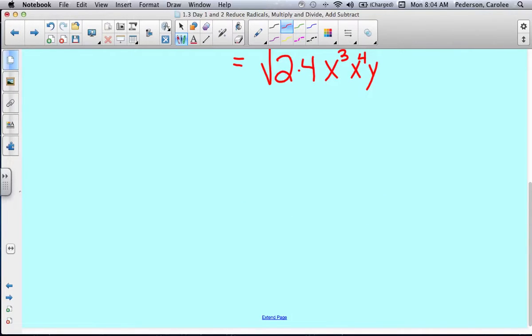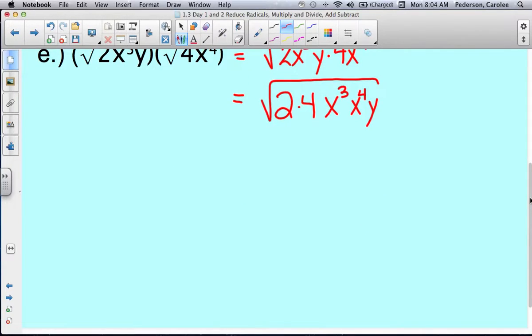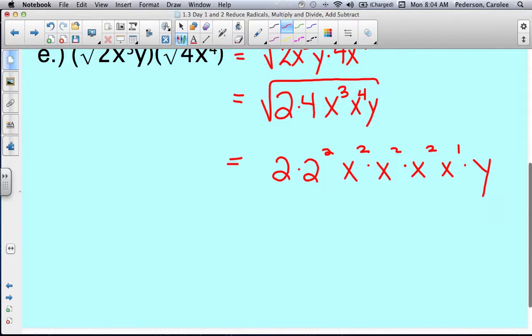Now we're looking for pairs, things raised to the 2nd power. So let's break down that 4, or you may recognize the square root of 4 is 2. Then I'm going to add 7 x's. I can break down to x squared, x squared, x squared, x to the 1, and then y. Again, I had a total of 7 x's there.